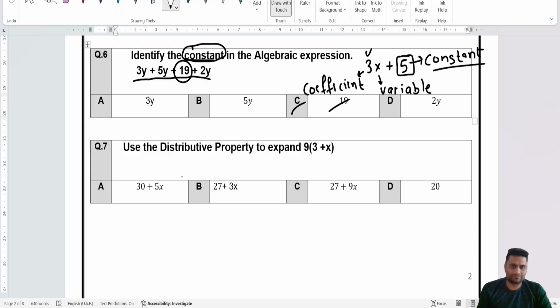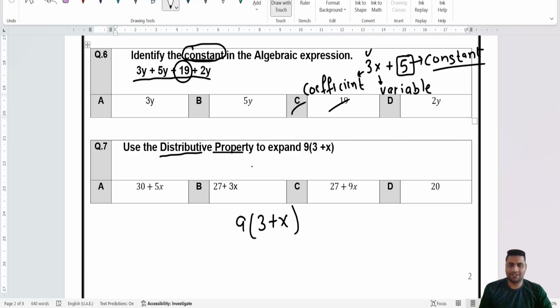Next, question number 7. Use the distributive property. The question is 9 times 3 plus x, and in this we have to use the distributive property. What is distributive property? Let's say two friends are sitting inside a class and the third friend is standing outside the class. When he enters the class, will he shake hands with only one friend or both?